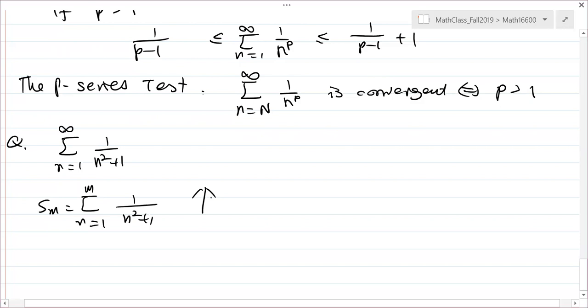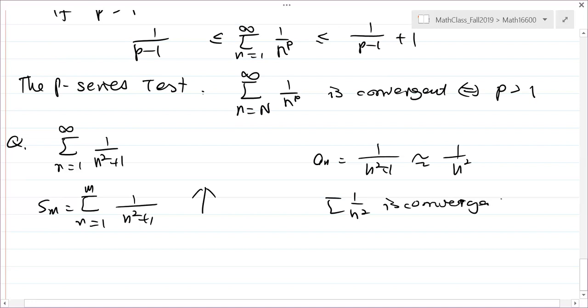Just because 1 over n squared plus 1 is almost equal to 1 over n squared, and I know that is convergent. So I can use that to prove this series is convergent.